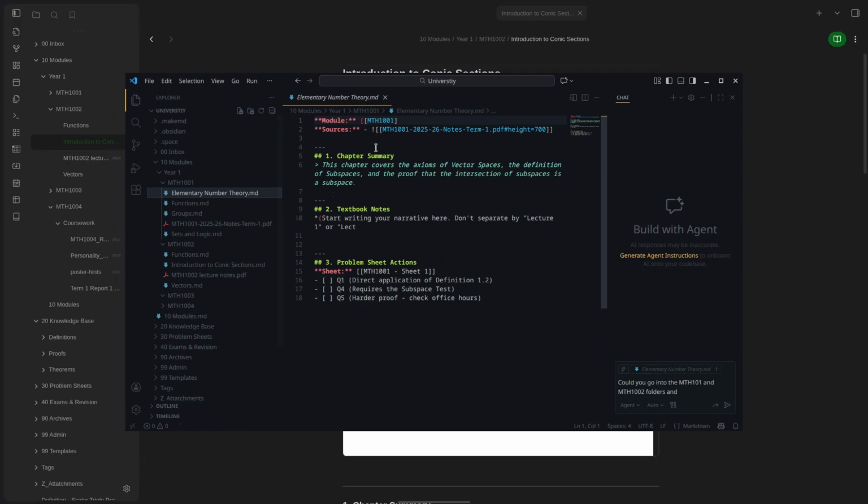All I need to do is change the chapter summary because some of them are wrong. For instance, this one about vector spaces is completely wrong.